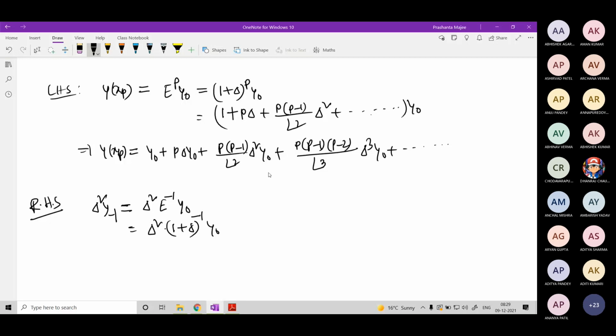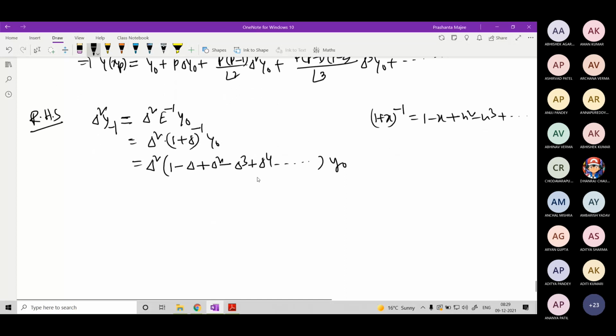Now tell me the formula for (1 plus x) inverse. This is 1 minus x plus x square minus x cube, and so on. This is what I was writing at that time; I made a mistake. Anyway, so this will be delta square into 1 minus delta plus delta square minus delta cube plus delta power 4 and so on, of y naught.